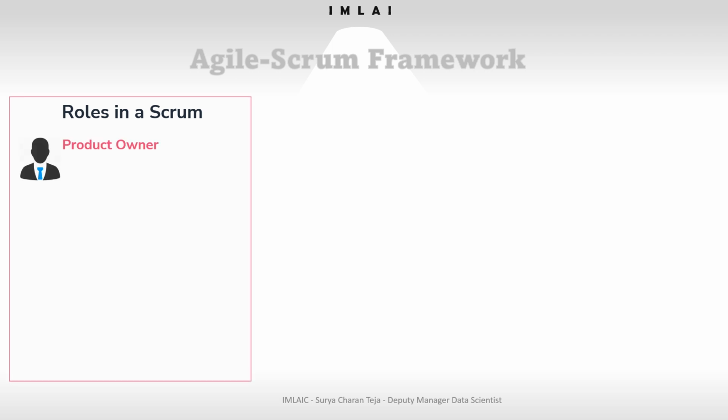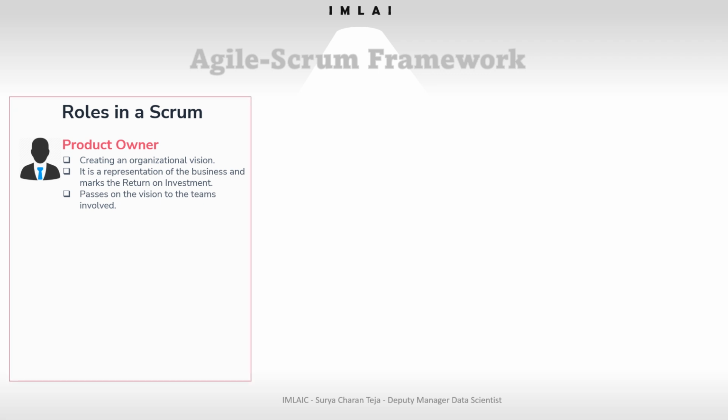The Scrum team consists of three roles: a product owner, the development team, and a Scrum master. So let's talk about the product owner first. The owner of the product, what he does, who he is, what his roles are.